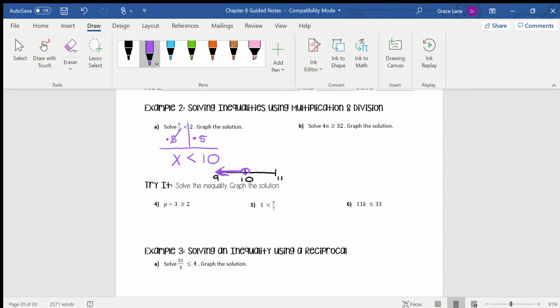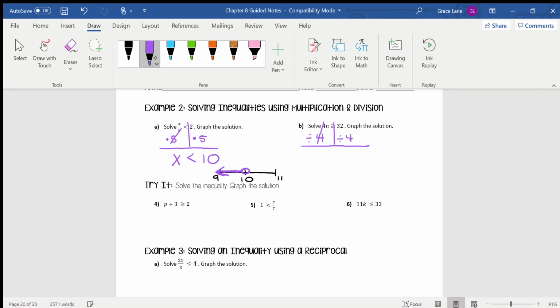All right, letter B. Solve for n, 4n is greater than or equal to 32. So remember that when the number and the variable are right next to each other, the number is called a coefficient, but that means they're being multiplied together. So the opposite of times 4 is divided by 4.